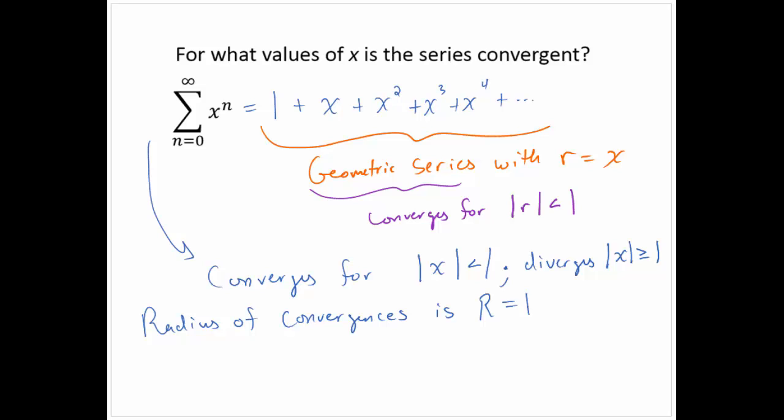So, in a neighborhood, in a radius of 1 unit from, in this case, 0, this series will converge. The interval of convergence is from -1 to 1. So a radius of 1 from the origin means from -1 to 1.